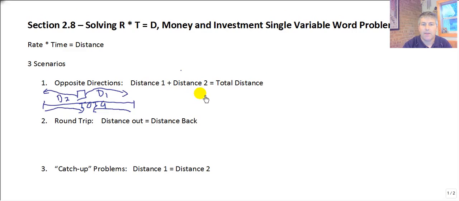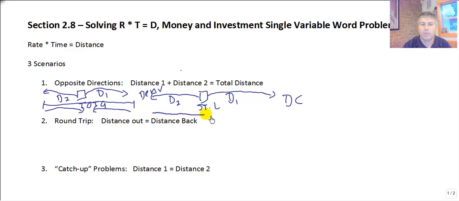If I start here in the middle and I have somebody going from St. Louis to Washington, D.C., and I might have the other one going from St. Louis to Denver, they are going in opposite directions. So the distance of this guy going to D.C. plus the distance of the guy going to Denver equals our total distance.